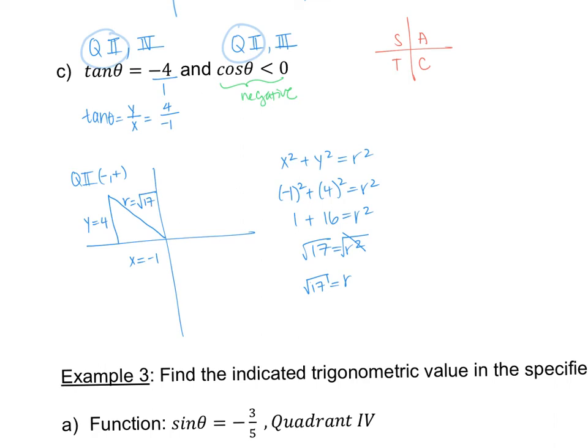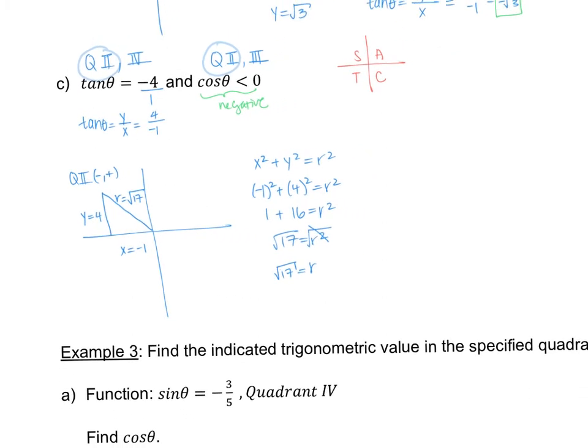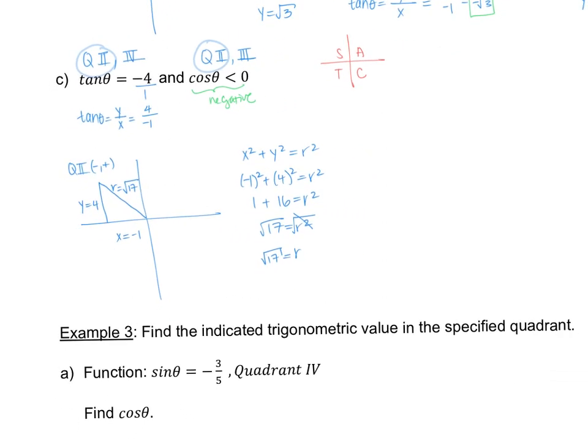All right, from there we have all 3 sides of our triangle, so we're ready to find our trig ratios. So we have sine, cosine, tangent. Sine is y over r, cosine is x over r, tangent's y over x.